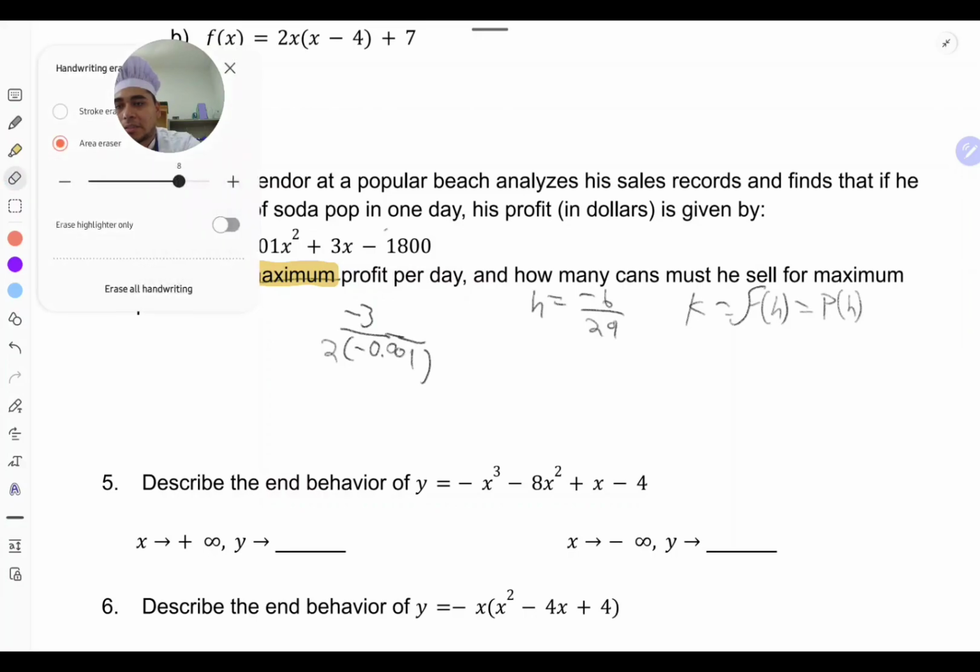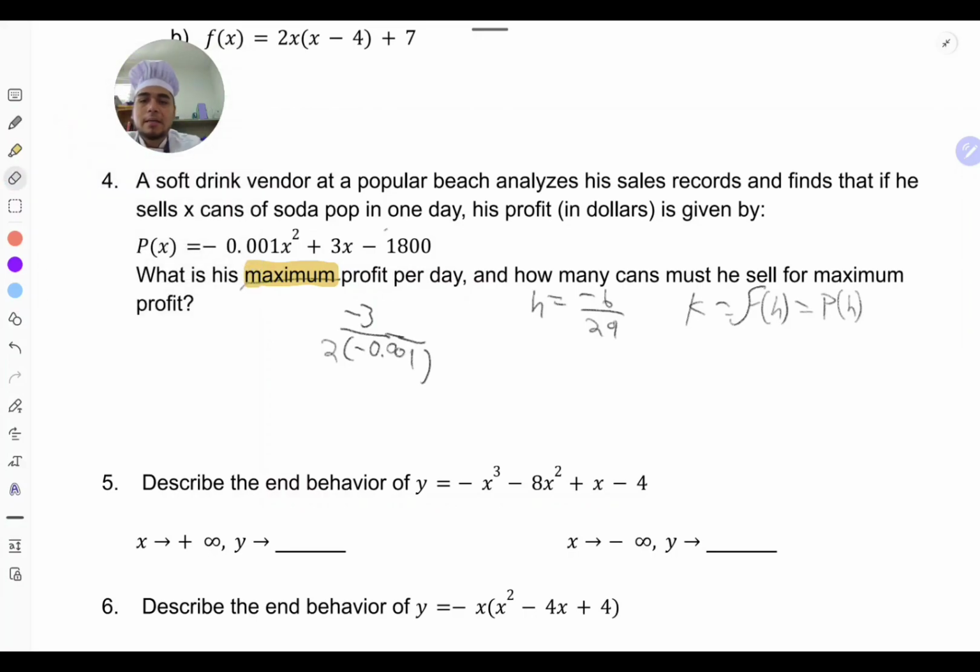Okay, so there we go. We see that this negative cancels with this negative up here, and we're left with this number. I am going to use my calculator to figure out exactly what this number is. 3 divided by 2 divided by 0.001 gives us 1,500.